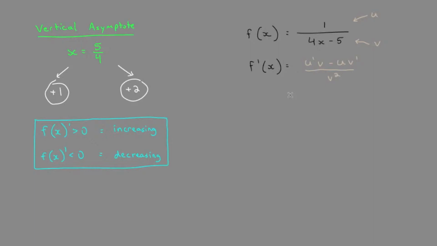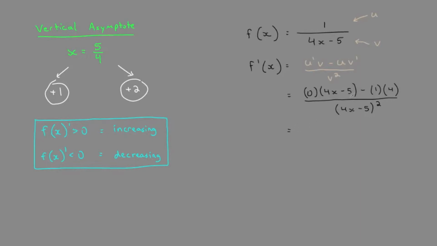So subbing in, we have derivative of u, derivative of 1, some number, is 0, times v, we have 4x minus 5, minus u, it's just 1, don't really need to write that, times v prime, the derivative of v is just 4, all over v squared, 4x minus 5 squared.